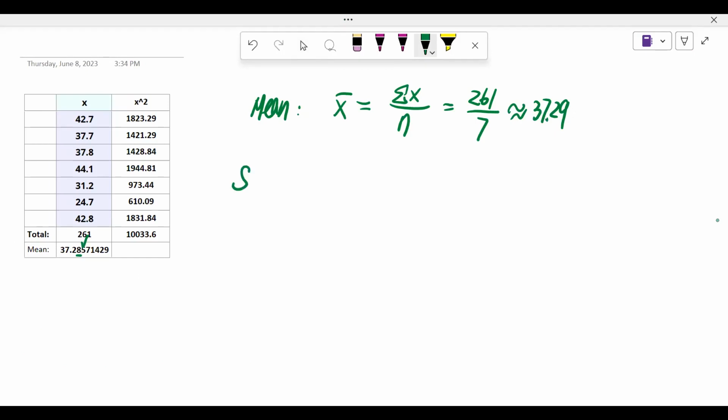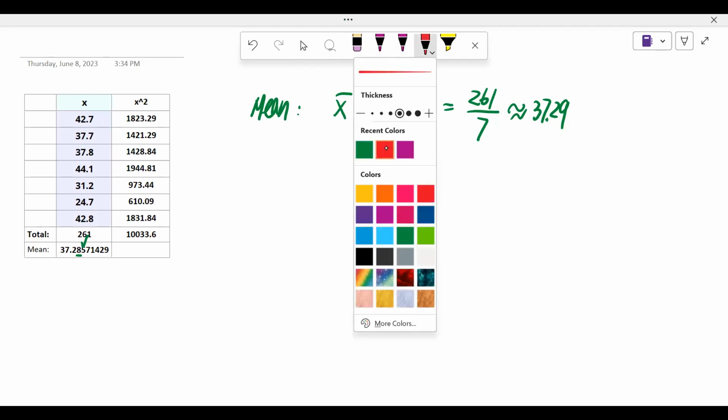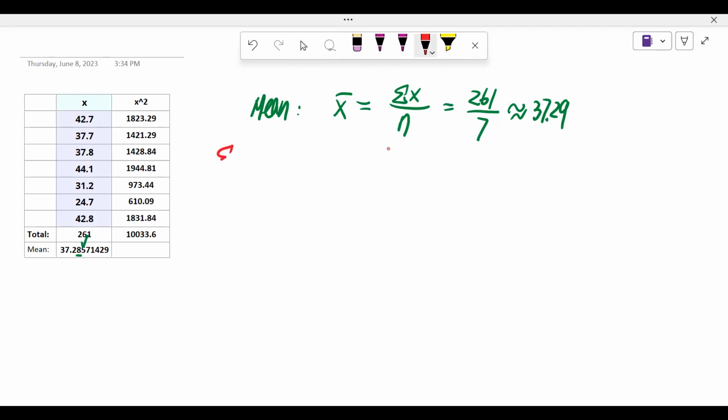And then the standard deviation. Before we get to it, let me rewrite all the given numbers here. Did the prep work. The total of x is 261. The total of x squared is 10,033.6, and the sample size is 7.